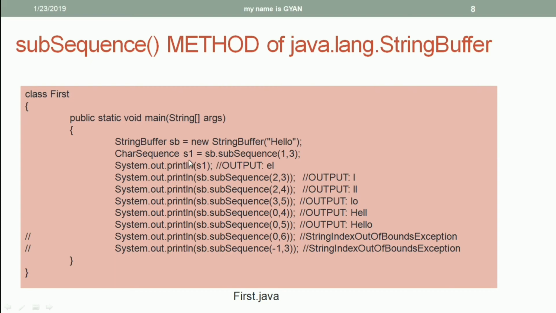That's why when we print the reference variable s1, it will call the toString method of the class string, because this is the string object whose reference is stored into the reference variable s1 of type CharSequence. So whenever you try to print the reference of type CharSequence, it will actually call the toString method which is present in the class string. We know that this concept is called polymorphism.